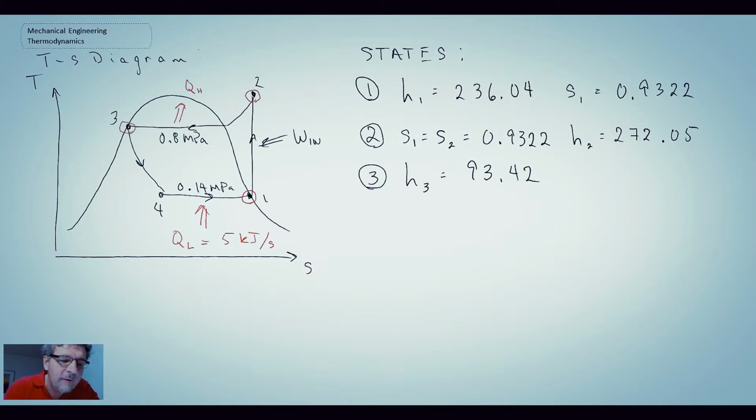Now to determine state 4, remember the throttling process, we characterize that as being a process of constant enthalpy. And consequently, we can say h3 equals h4. We know that we're in the two-phase region at 140 kPa or 0.14 MPa. And so from that, we can determine the quality, x4.